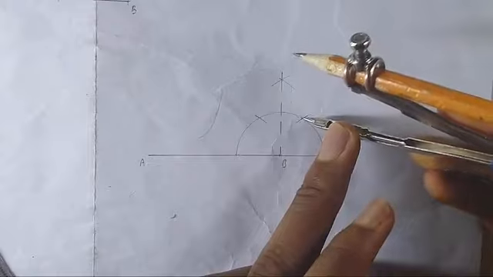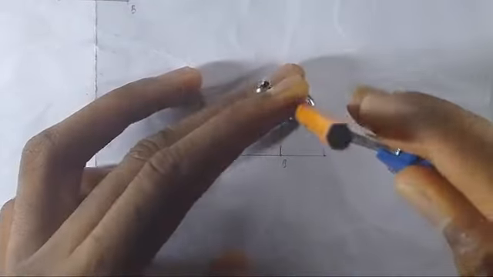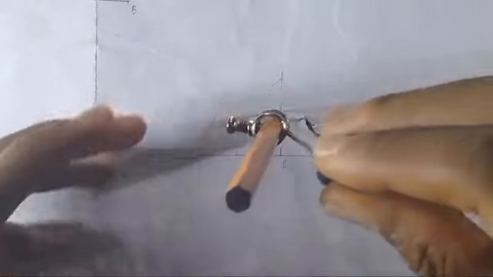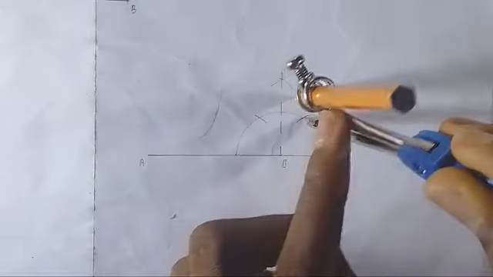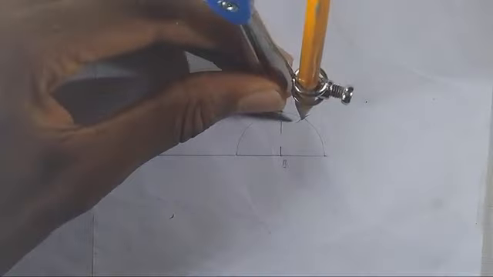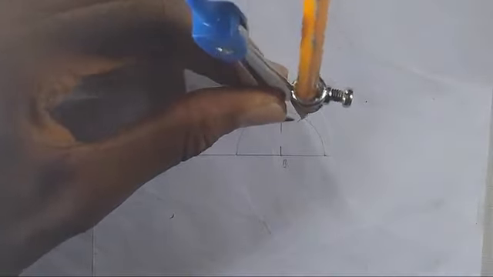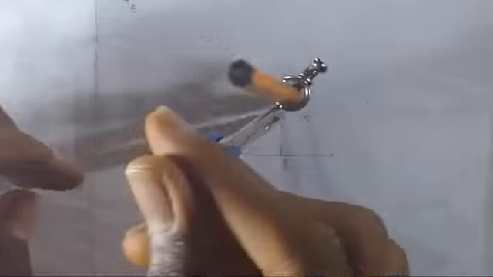So in order to get 15, and we'll add it to our 60, we have 75 rather than 90. So we are bisecting up, pin at another point here, touching here, we bisect it very well.